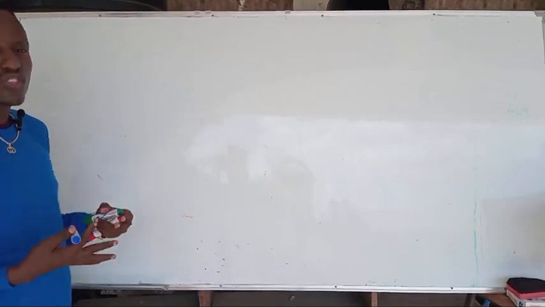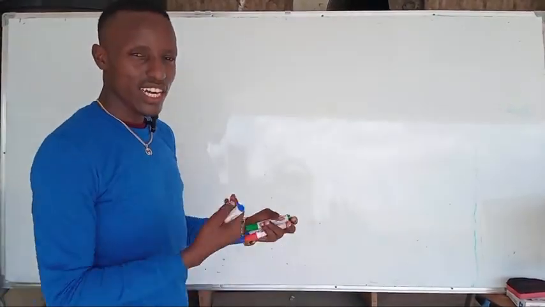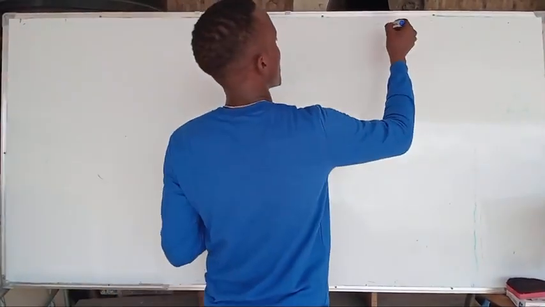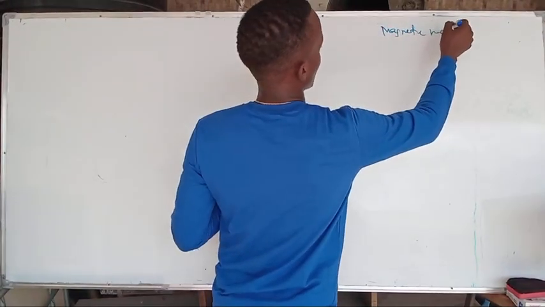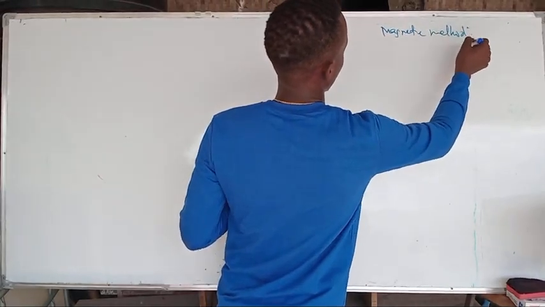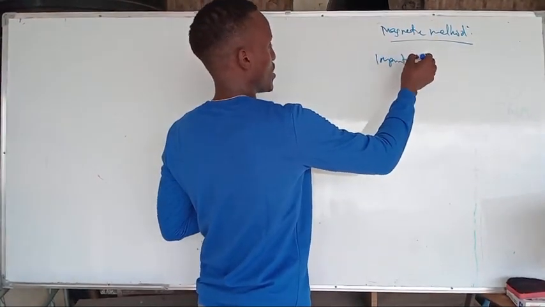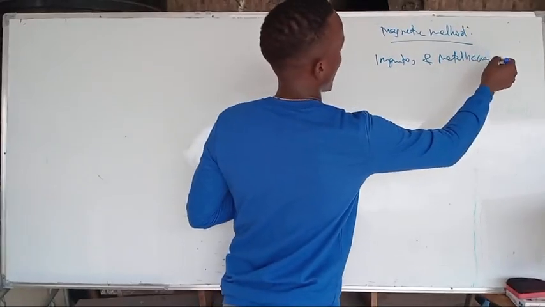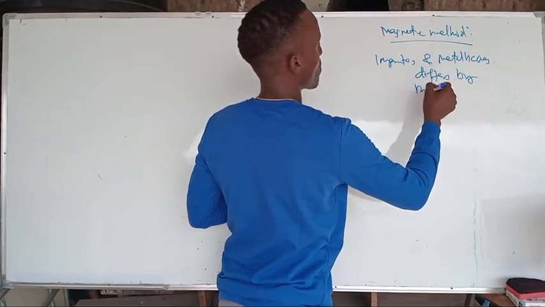It is used, for example, specifically in the extraction of iron. So speaking about the magnetic method, it is when the impurity and the metallic ore differ by magnetic properties.